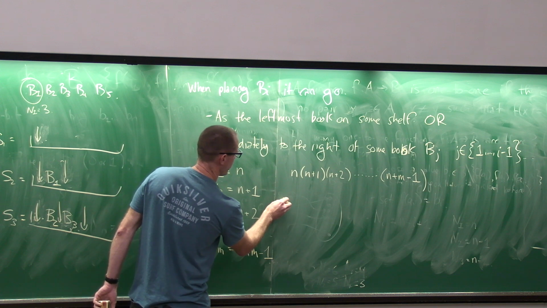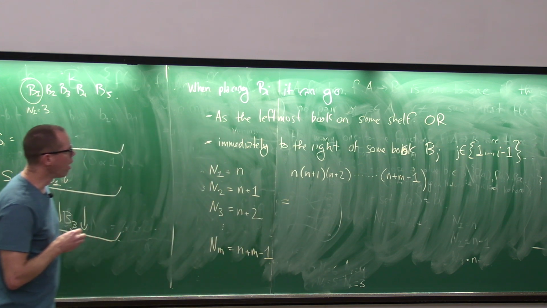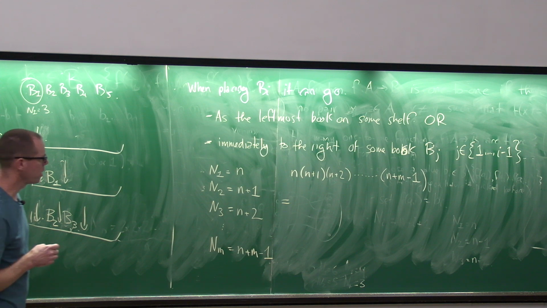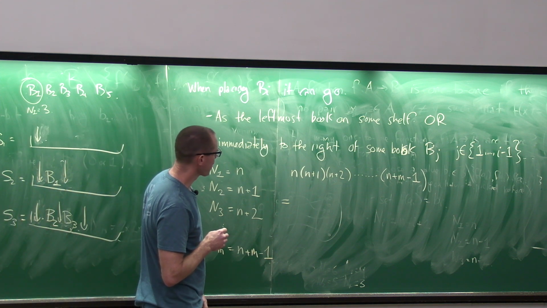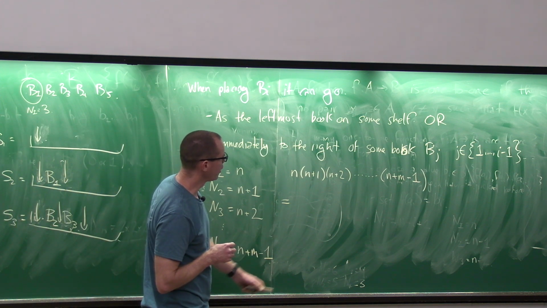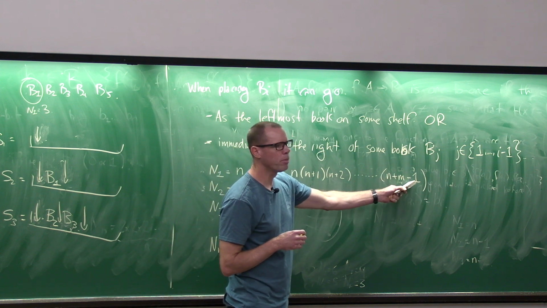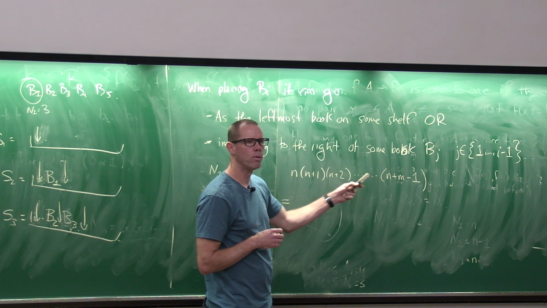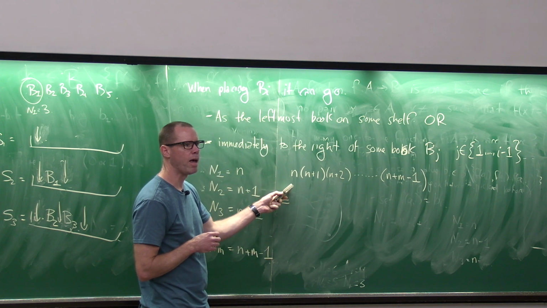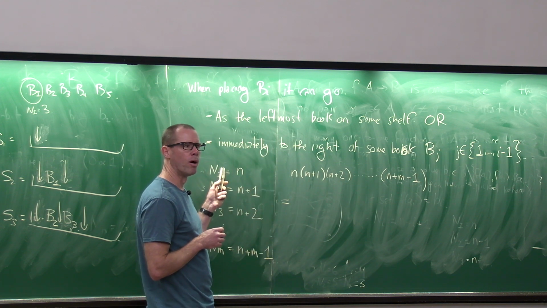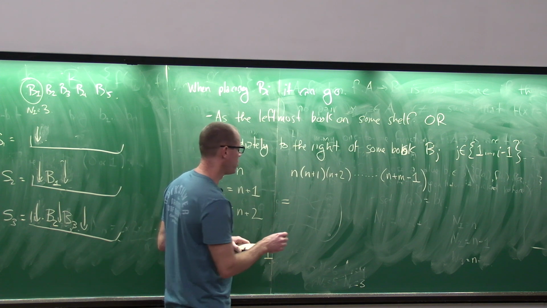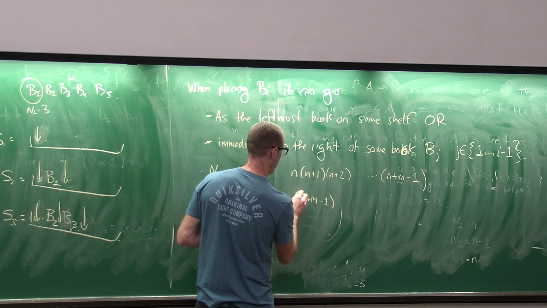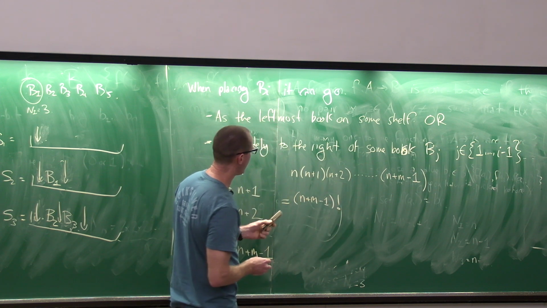And so we don't have to do this in the longhand way. We can write this in terms of factorials. If you look at this, it starts at n plus m minus 1, and it counts backwards, minus 2, minus 3, minus 4, all the way down to n. And if we kept counting, we'd go all the way down to 1. So let's put that n plus m minus 1 factorial up there.